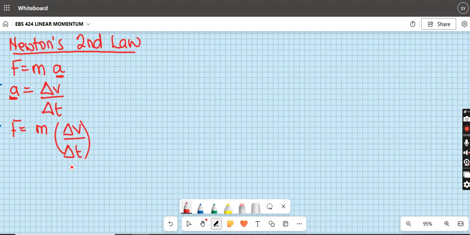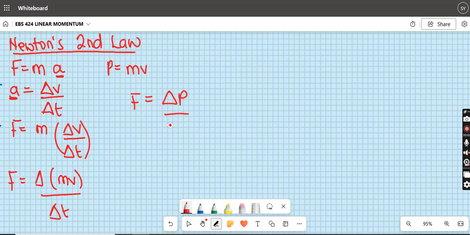If we multiply, we get mv over change in time. What is mv? Momentum. So F is equal to change in momentum over change in time.